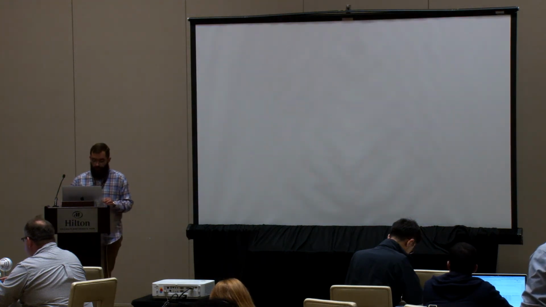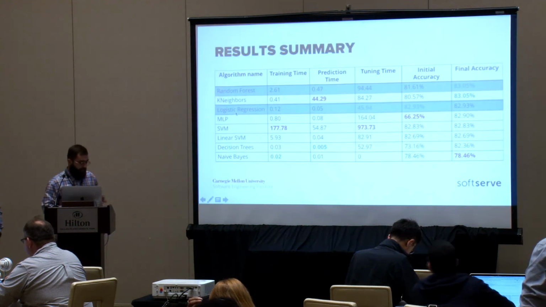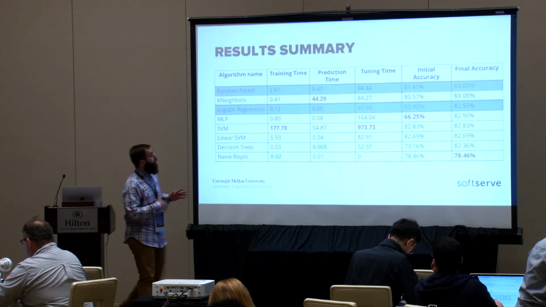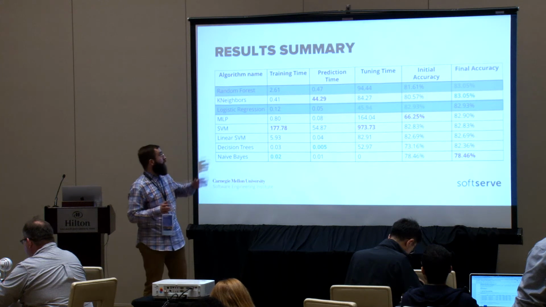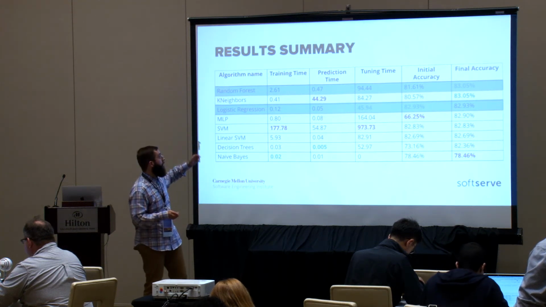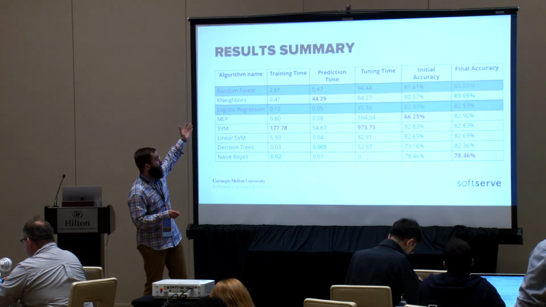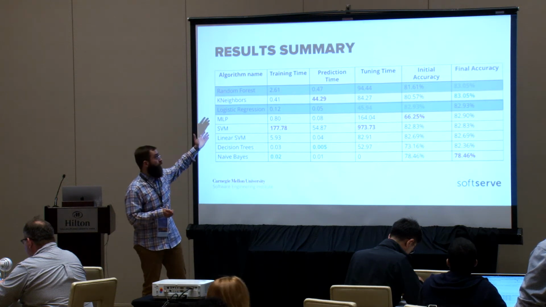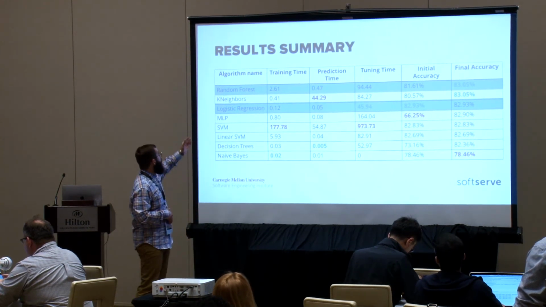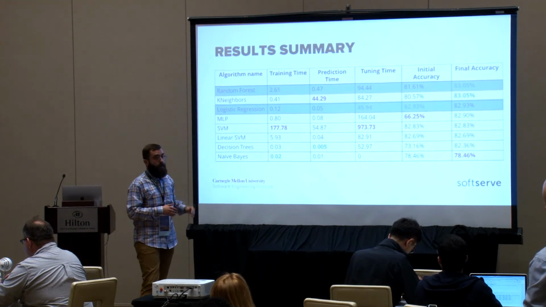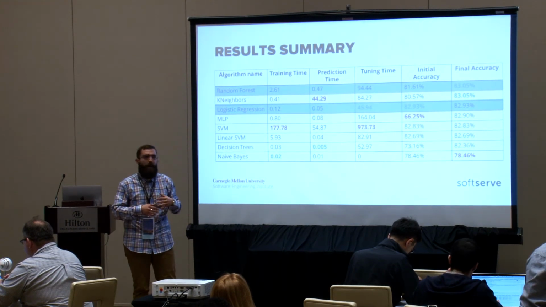So here is the result that we got from training on the whole data set. I think all of you selected random forest as at least one of the candidates, and you see that this is a winner even once we train on the whole data set. The second one, surprisingly, is k-nearest neighbors, which is actually not an algorithm itself.